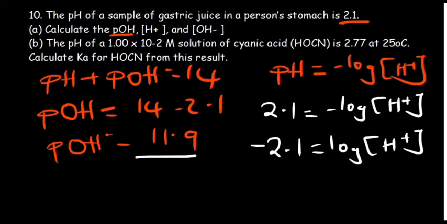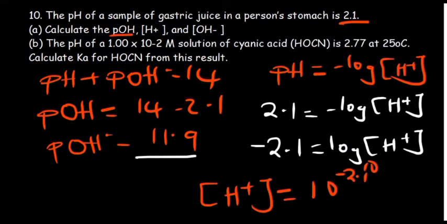The log we're using has a base of 10, so the hydrogen concentration is going to be 10 raised to the power of negative 2.1.